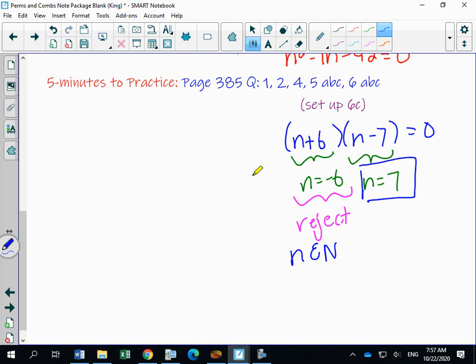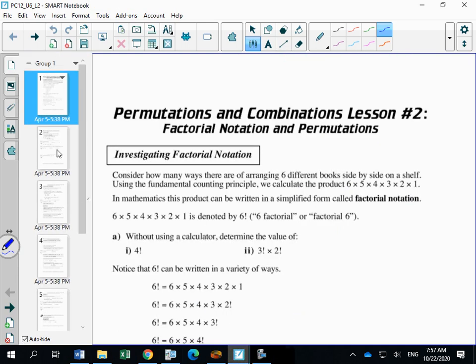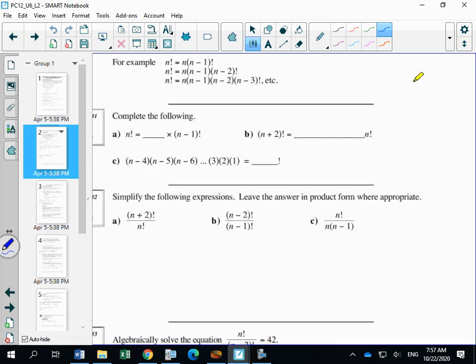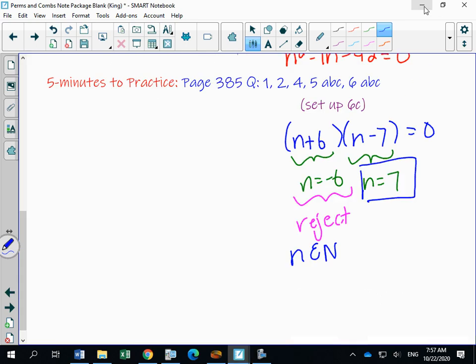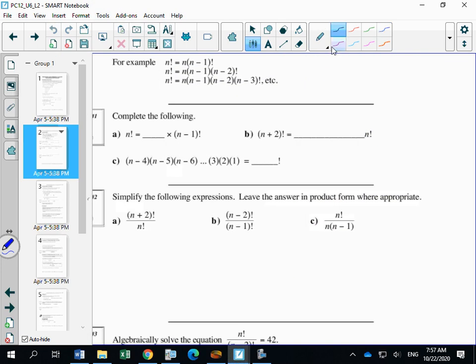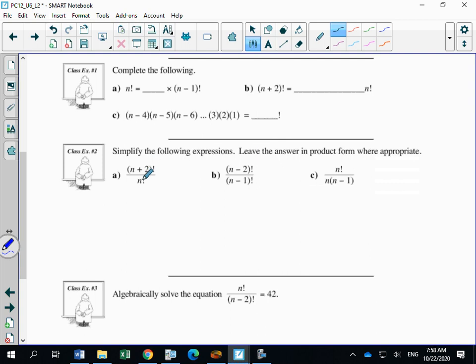So if you can take out your workbooks, I want to do class example 2A with you, and then I'm going to set up 6C. So in your workbooks, let's do class example 2A together, just so that you can get a bit more practice with this.